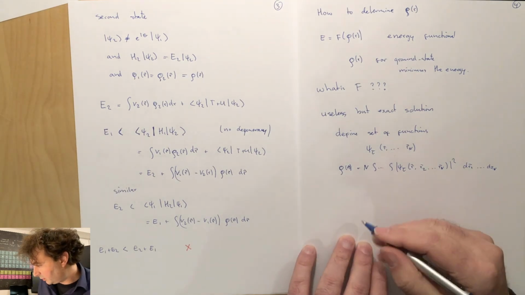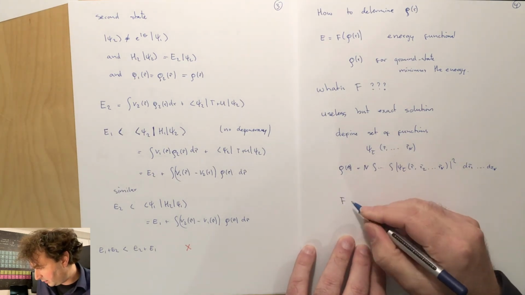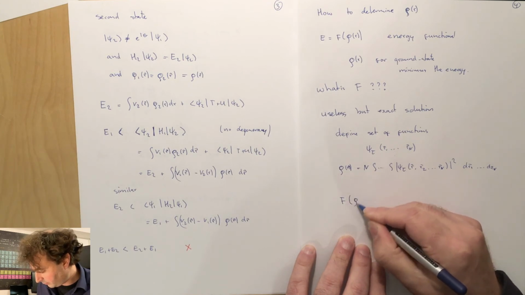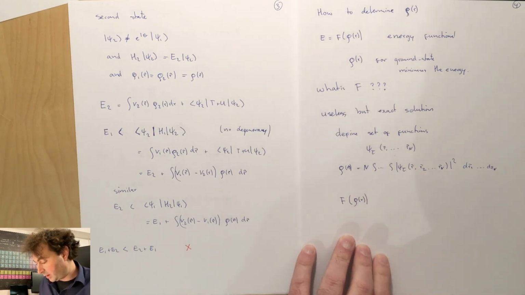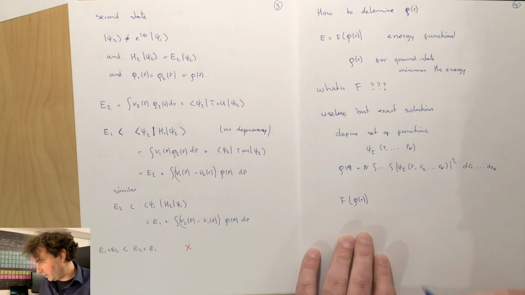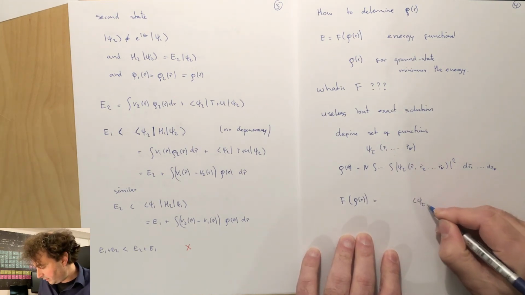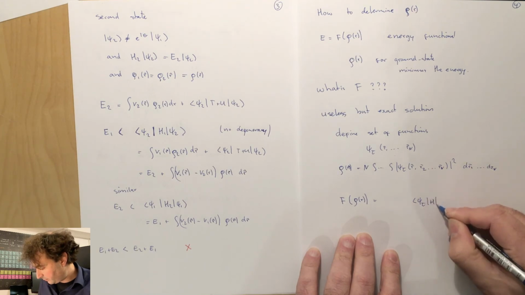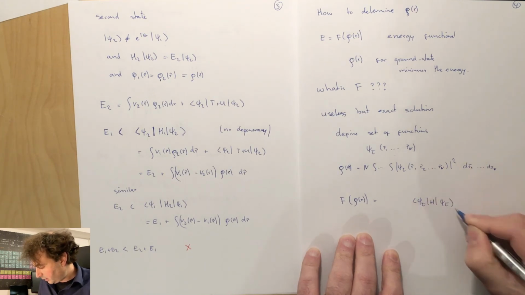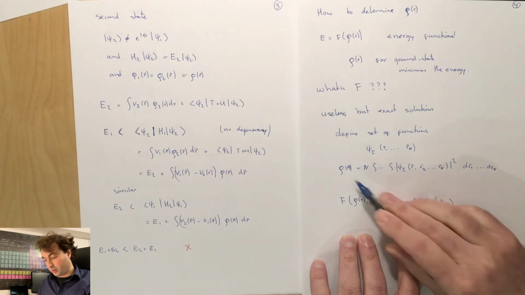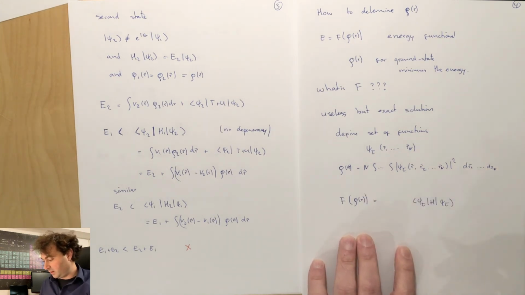So we can now say that the energy functional with respect to this density is the energy of that state. And of course there are many functions that will give you the same density.